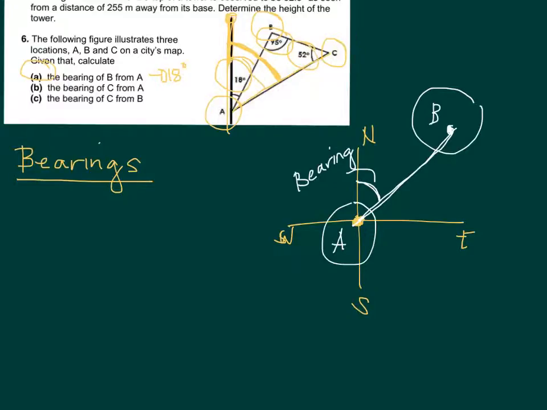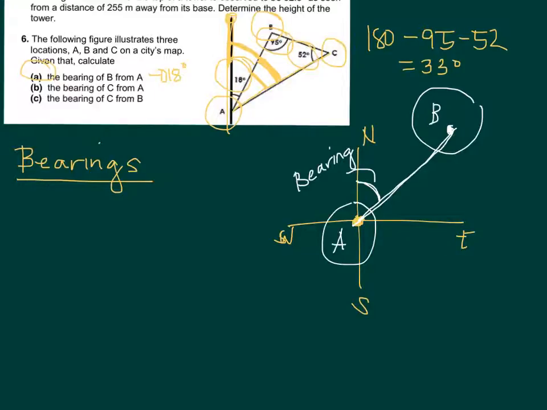So to compute for this angle, all I have to do is 180 minus 95 minus 52. That is equal to 33 degrees. So the angle BAC is 33.